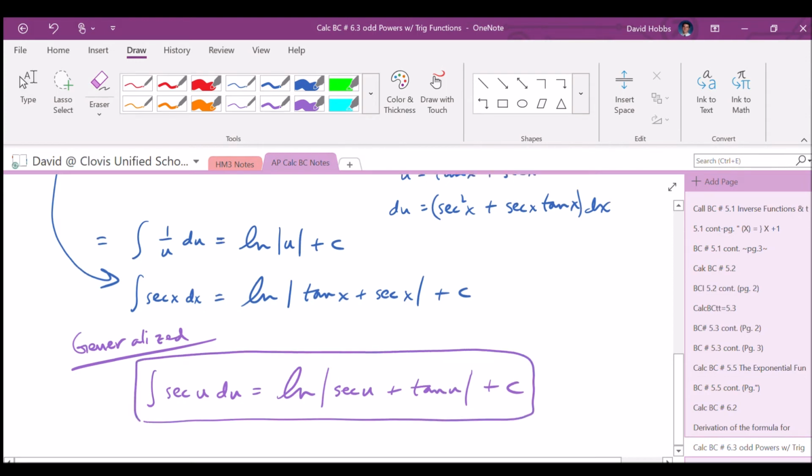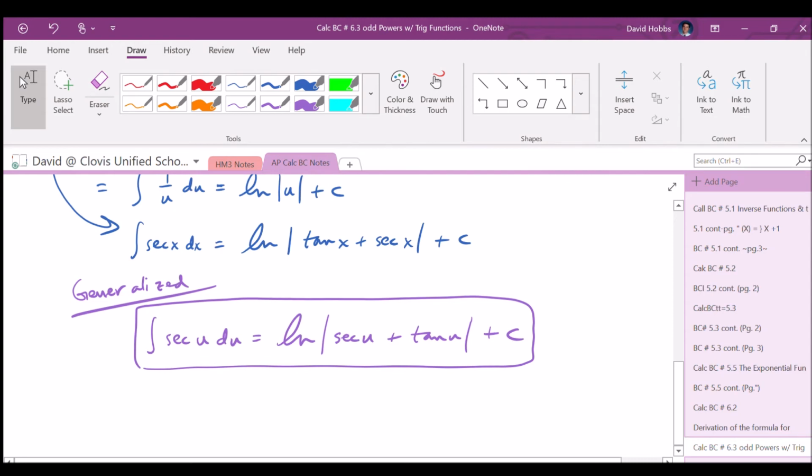Okay, and by the way, we could also come up with the integral of cosecant u du, and we can do it in a very similar way.